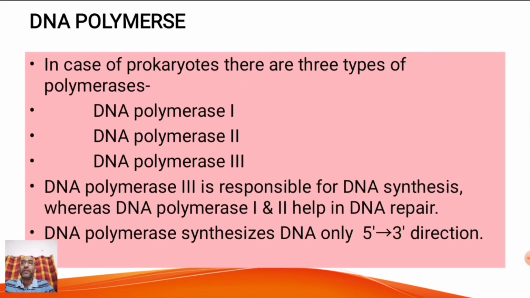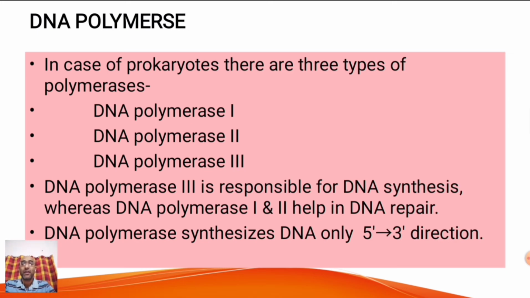Then the next one is DNA polymerase. In prokaryotes, there are three types of polymerases: DNA polymerase 1, DNA polymerase 2 and DNA polymerase 3. DNA polymerase 1 and 2 are not directly responsible for DNA replication. Rather, DNA polymerase 3 is directly responsible for DNA synthesis.